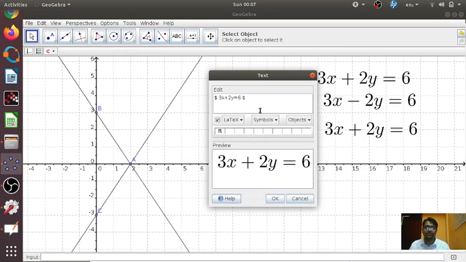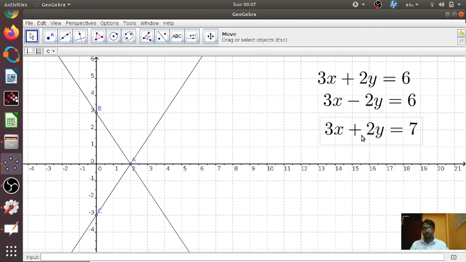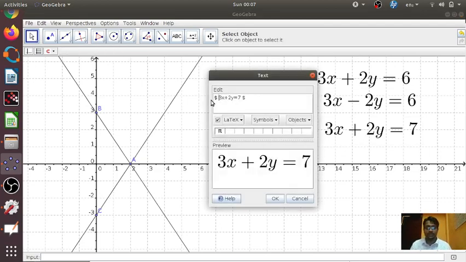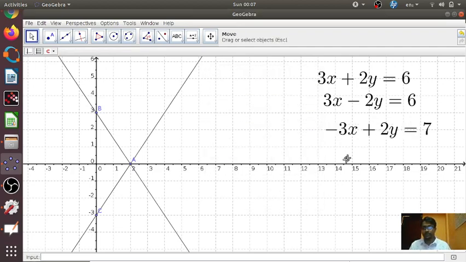So if it is something like 3x + 2y = 7, or say -3x + 2y = 7, the x-intercept is minus 7/3, and the y-intercept is 7/2.